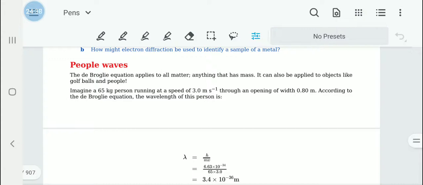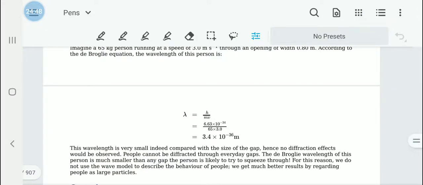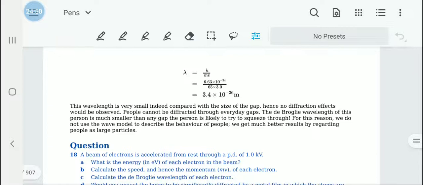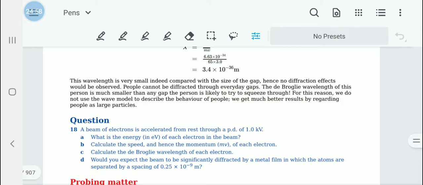Imagine a 65 kilogram person running at a speed of 3 meters per second through an opening of width 0.8 meters. According to the de Broglie equation, the wavelength of the person is lambda equals h upon mv. So he would have a wavelength of 3.4 × 10⁻³⁶ meters. The wavelength is very small when compared to the size of the gap.